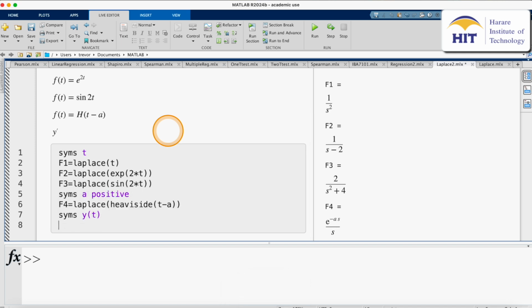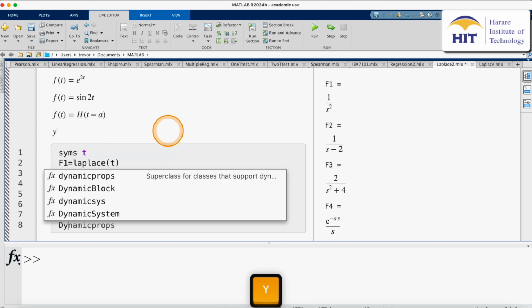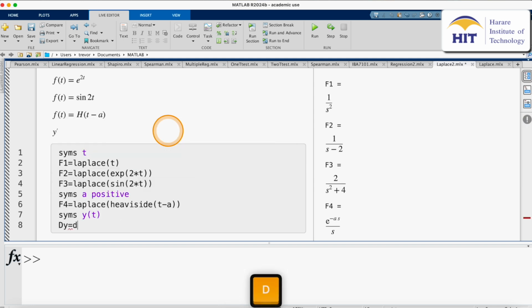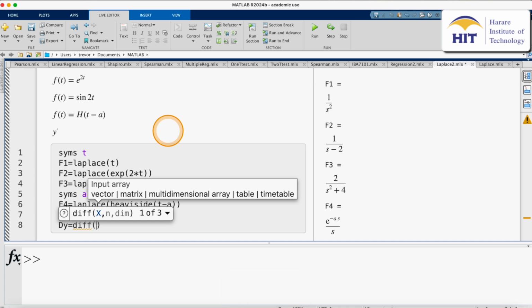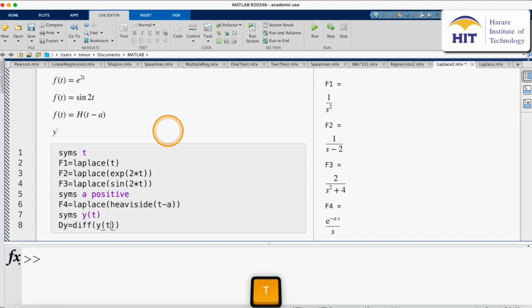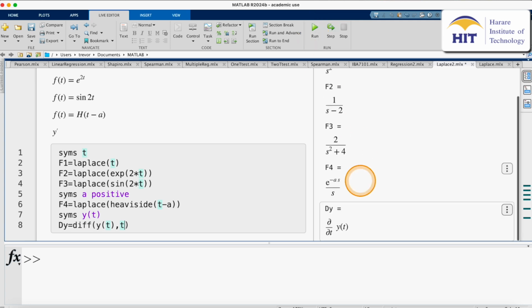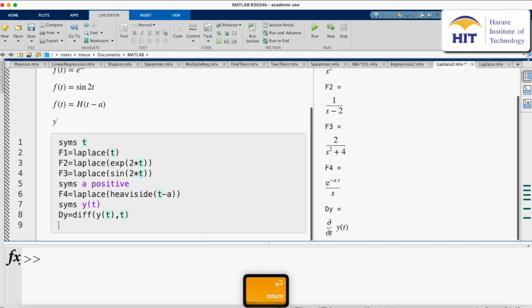Then go on and write our derivative, which I call dy, is equal to diff, open parenthesis, and we are differentiating the y of t, then comma t to say that it's a derivative with respect to t. I can just run here so that you can see it's a derivative of y with respect to t. So we have entered our derivative.